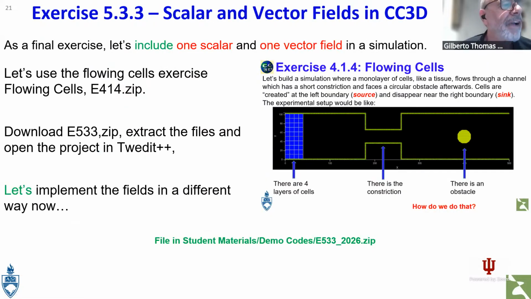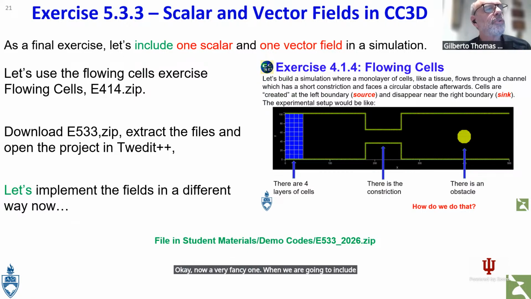Okay, now a very fancy one, when we are going to include two different fields, one scalar and one vector. I'm going to use the exercise that I didn't show last time. I left it to you as homework, the exercise 414 from two days ago, yesterday.